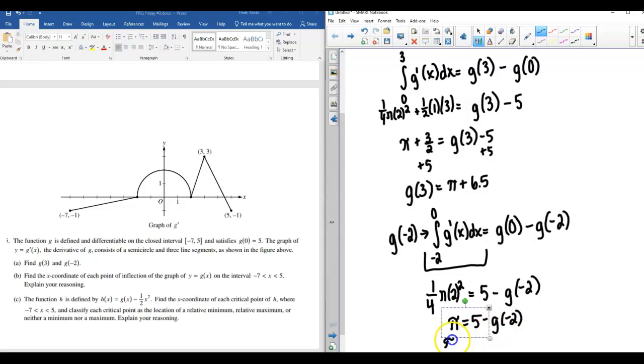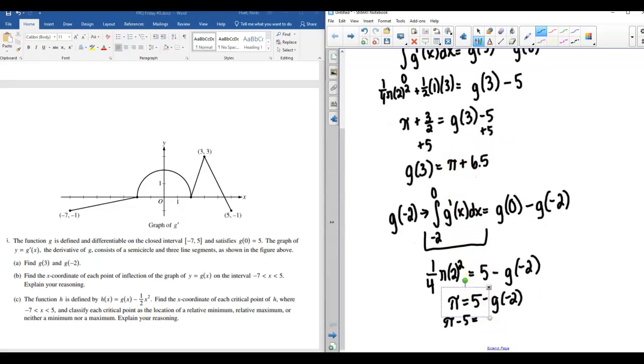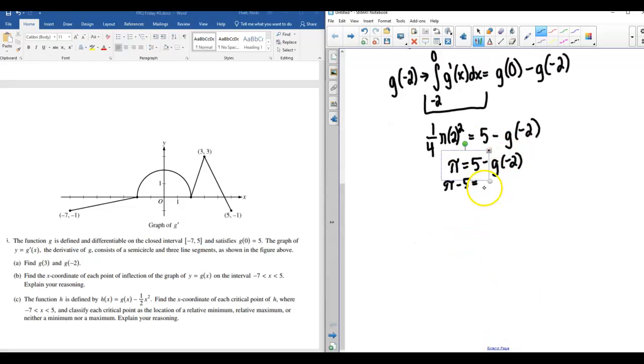So pi minus 5 is going to equal negative g of negative 2. And if we switch those signs and make this 5 minus pi, that will give us g of negative 2. So that will be our answers for part A.